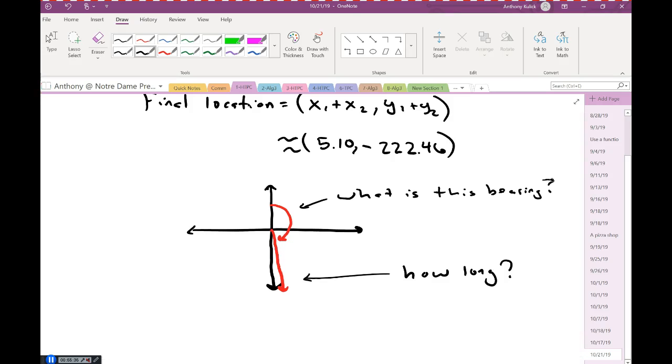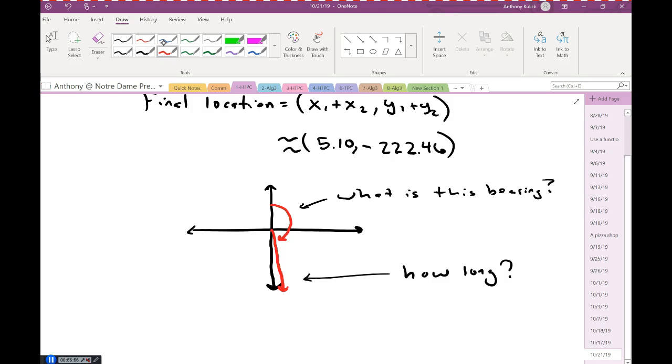We just now need to be able to communicate that in a distance and bearing. So let's answer the how long question first.